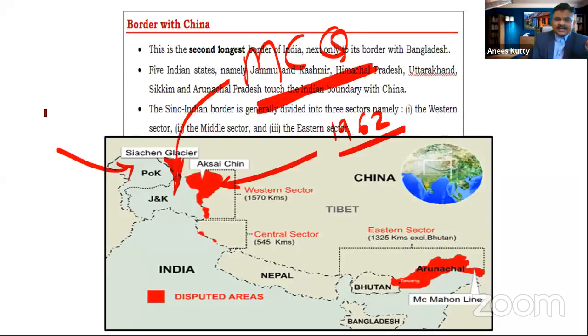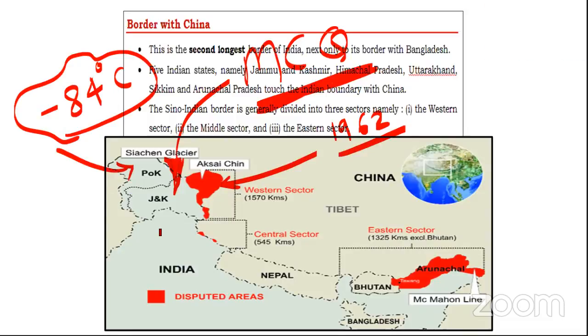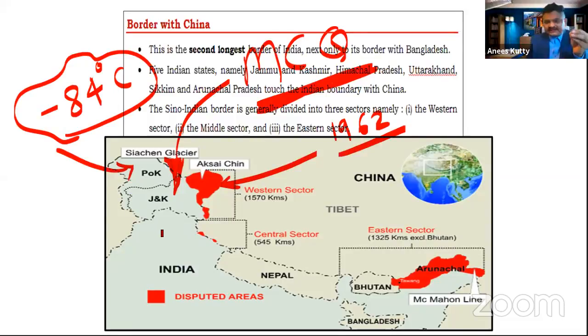Even at Siachen, the temperature in winter goes to almost 85 degrees Celsius below zero. Still, India keeps vigil on it. The reason is that if we neglect the Siachen Glacier, there is a chance this area will be taken over by China along with Pakistan.